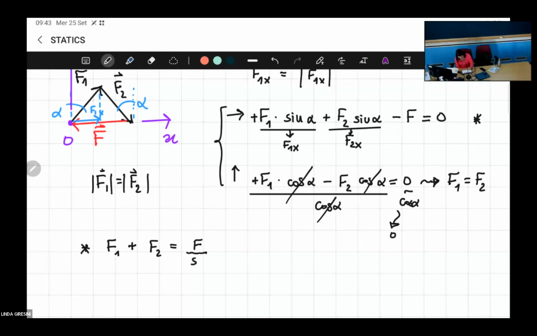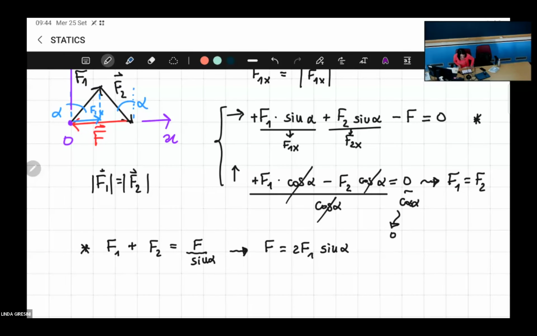And we have that this expression gives us F, basically. So F can be expressed as 2 times F1 sine of alpha.